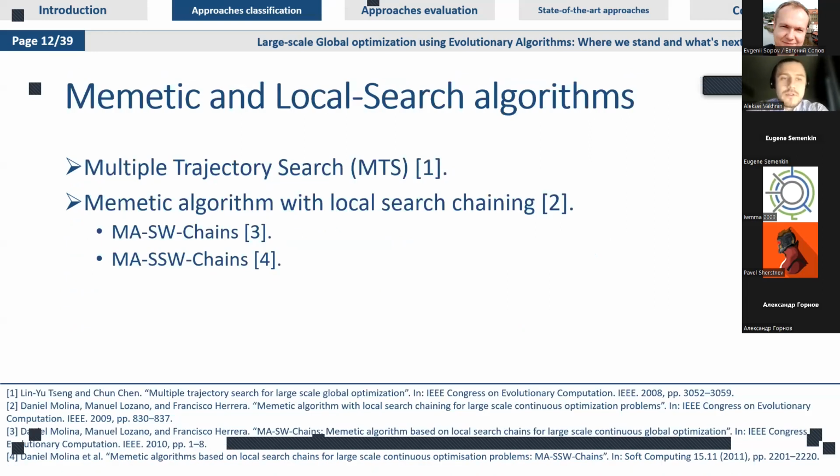And the third subgroup is about memetic algorithms and local search algorithms. Memetic algorithms are a sort of evolutionary algorithms. The idea of this family of algorithms is to make the final solution a bit better.